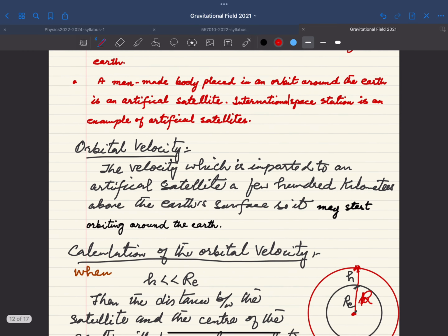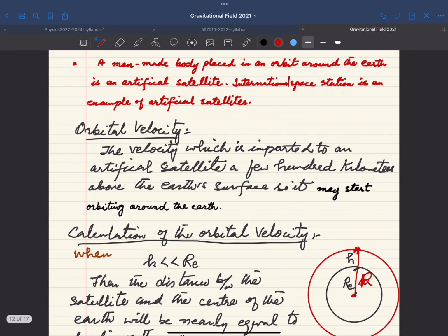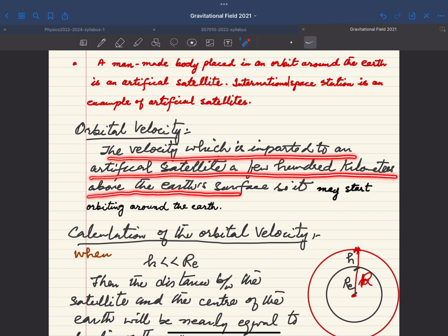Now what about the orbital velocity? With which velocity should we throw a body so that it can start rotating around the earth? This is the definition of orbital velocity: the velocity which is imparted to an artificial satellite a few hundred kilometers above the earth's surface so it may start orbiting around the earth.